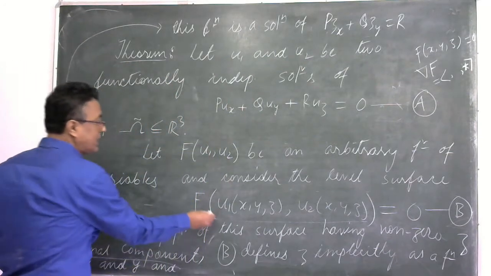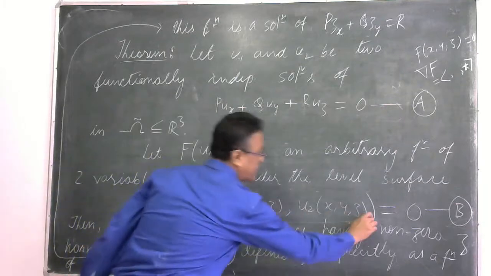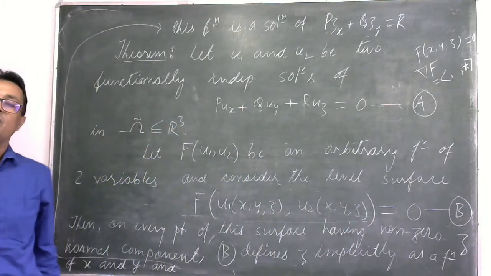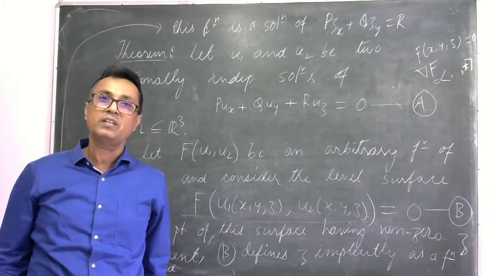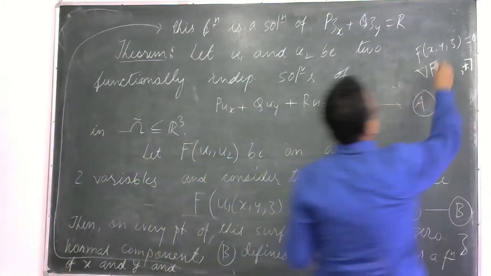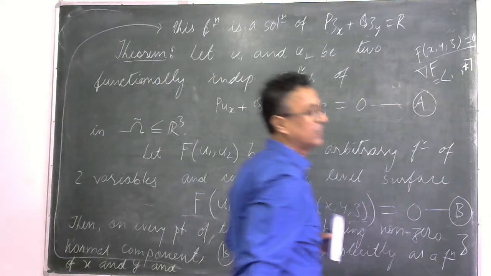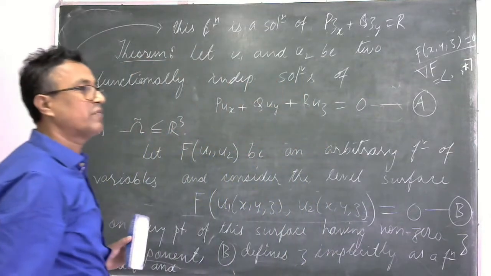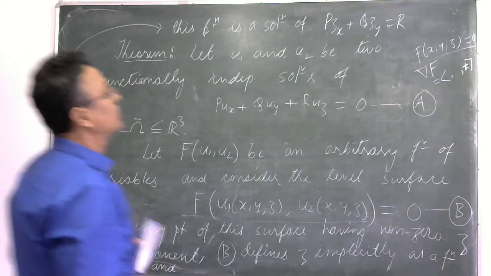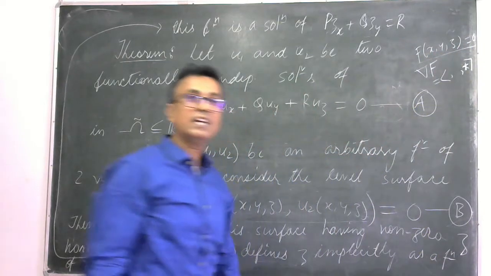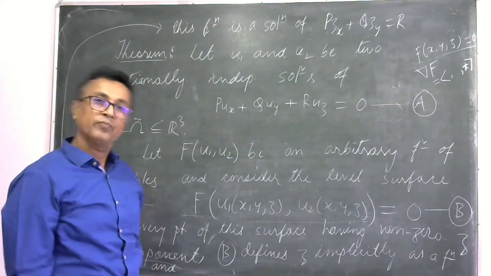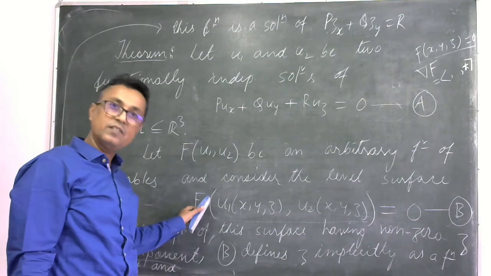So obviously, the left-hand side is eventually going to be a function of x, y, z, isn't it? Is it okay with everybody? Say if I write it as a function of x, y, z, this is going to be f equal to 0. This is going to define a level surface for the function f. Is it okay?